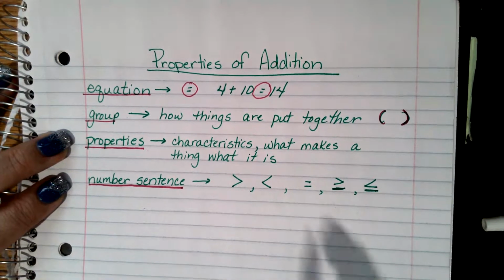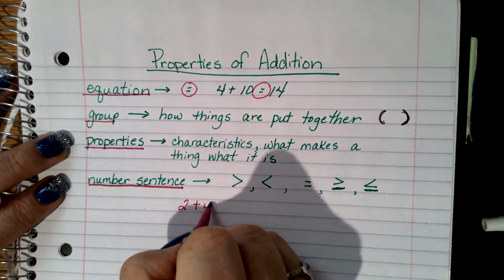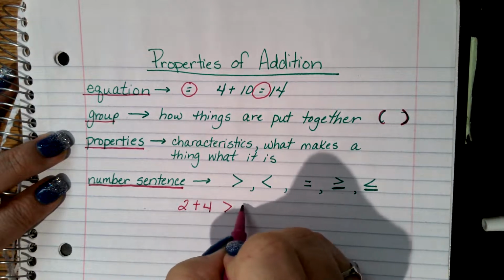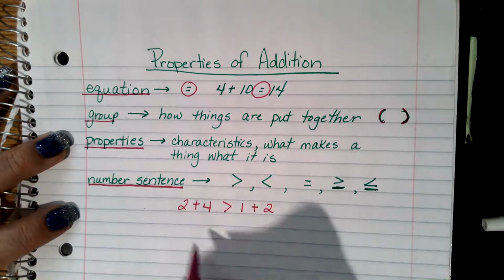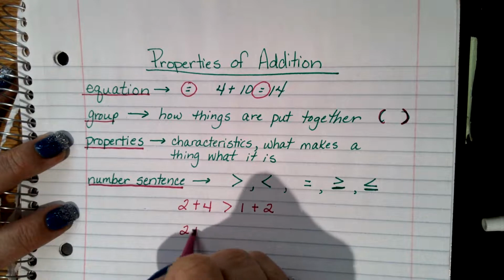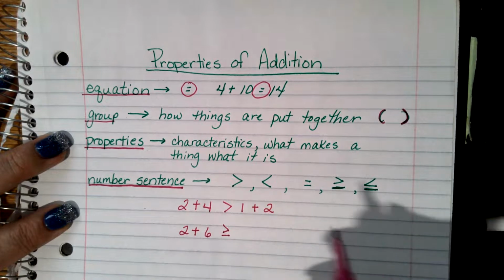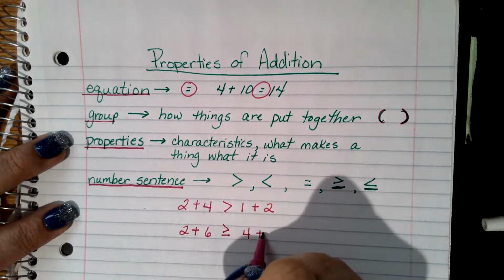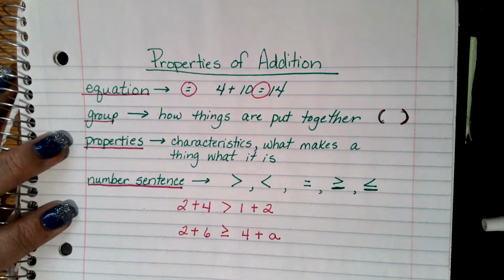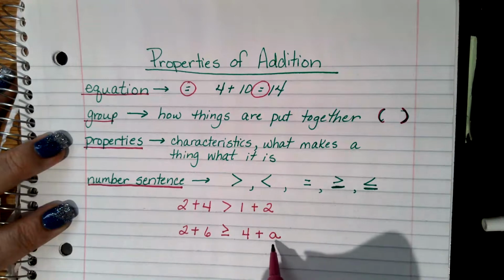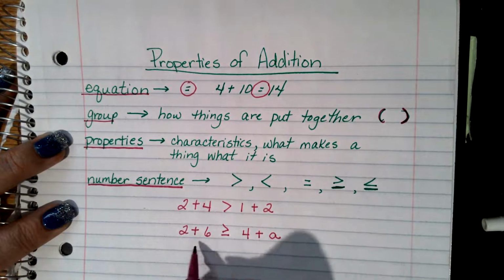So for instance, 2 plus 4 is greater than 1 plus 2. 2 plus 6 is greater than or equal to 4 plus a variable, the letter A. That means that whatever is put in A has to make this number sentence true, that this side would be greater than this side.